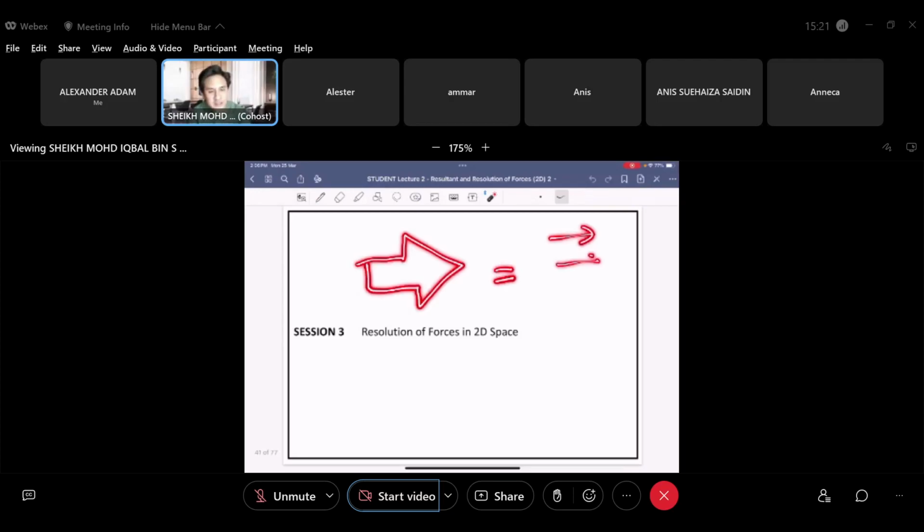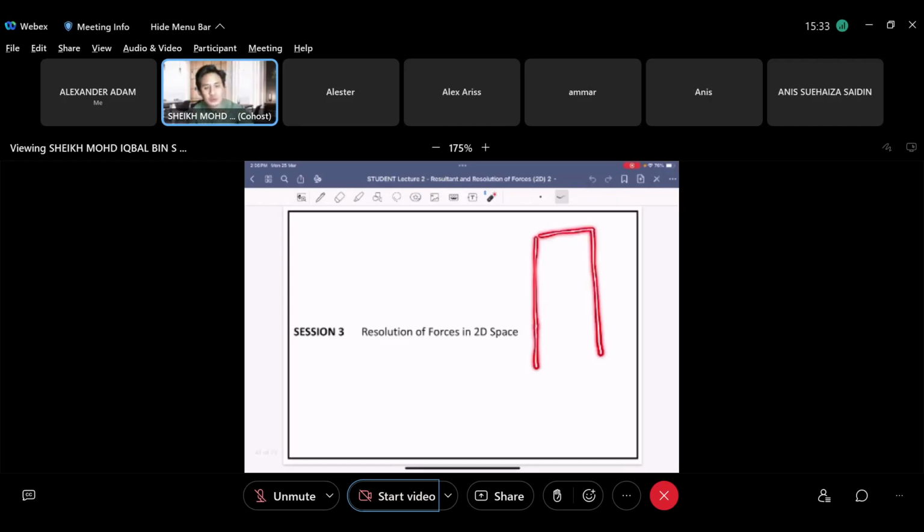So why is it important? For example, you have a building here, and you have one big force here. Sometimes you want to break down the forces to further analyze which force is the strongest going to the right. When you resolve these forces, you will have smaller forces here, there, and there.